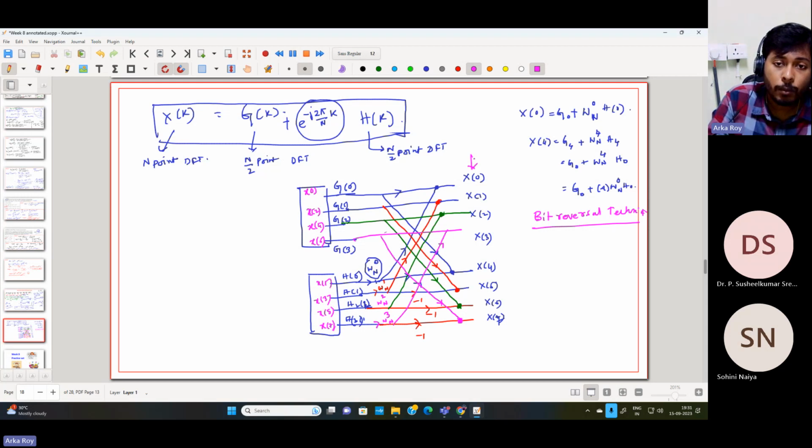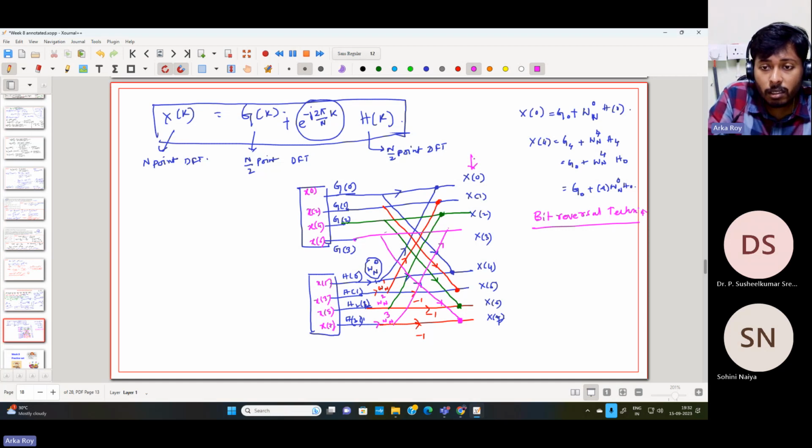Here this is an 8-point DFT case, so I can just consider that the upper half will be the even parts and the lower half will be the odd parts. But what if I have been given a 32-point DFT or a 64-point DFT, and I am randomly asked to tell what the sample value at the 21st position would be? Then I'll be able to answer that question. So we can comment about that question by using a bit reversal technique.